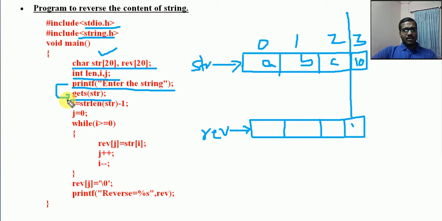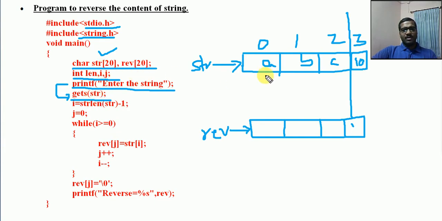First of all I need to get the size, and up to that size read the elements one by one within the for loop. But here I am just printing enter the string and simply calling gets of str. That means it will read the characters from the keyboard and assign them to the string array str.